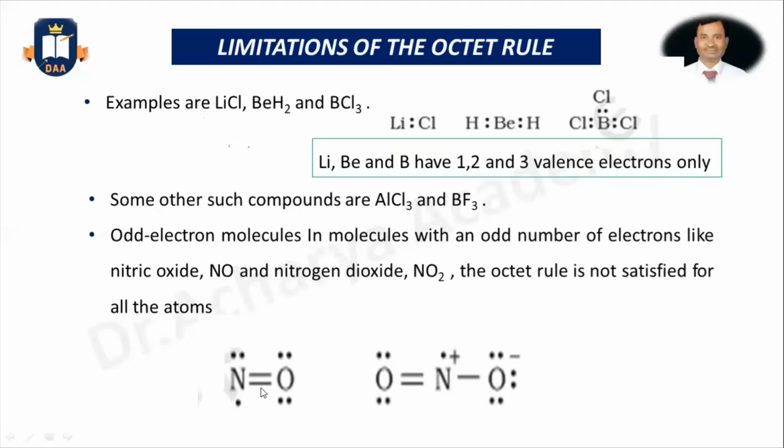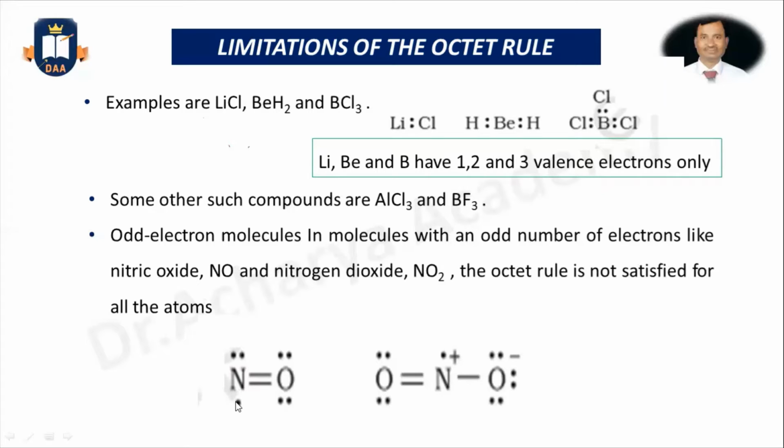You can see here, on the left side, nitrogen has a double bond, that means 4 shared electrons, and one lone pair. So 4, 6 and 7.